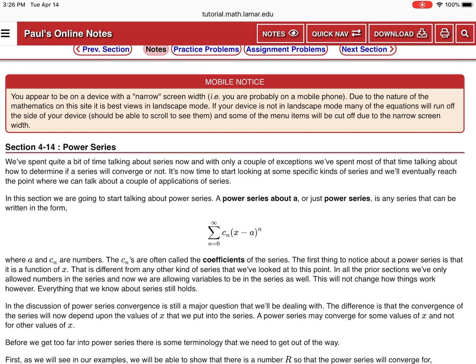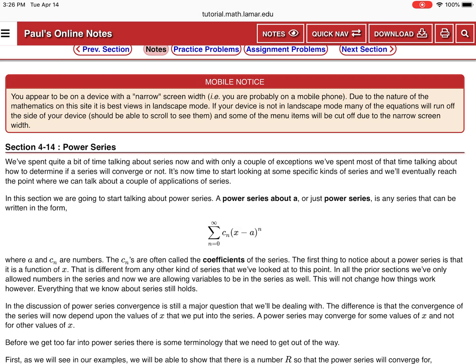So if you expanded it out, it would be c times, say, x to the 0, c times (x minus 1) to the first power, and so on, with whatever a is equal to. The c's are called the coefficients.